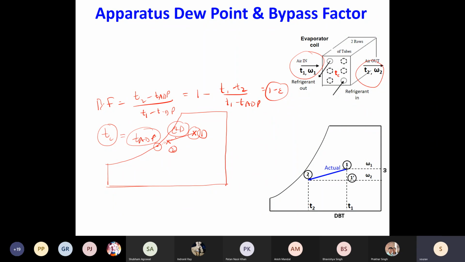Where it lies on this line will depend on the effectiveness of the heat and mass transfer process. So there are two parameters which decide the outlet condition from this evaporator coil. In case you want to control the outlet condition, you have two parameters. One is setting the coil temperature, the other is setting the effectiveness of the heat and mass transfer process.